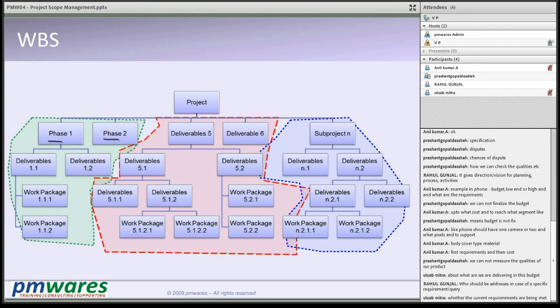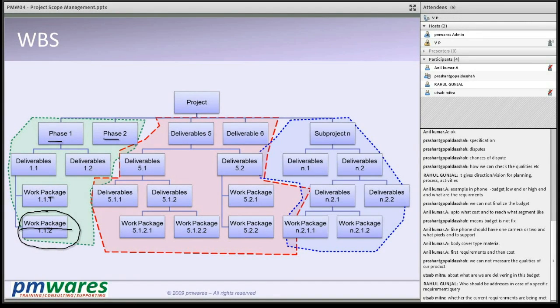If the project is big, we can define functional requirement, non-functional. Maybe different people will do it. The last box in the hierarchy is called work package. The leaf in this tree is called work package.